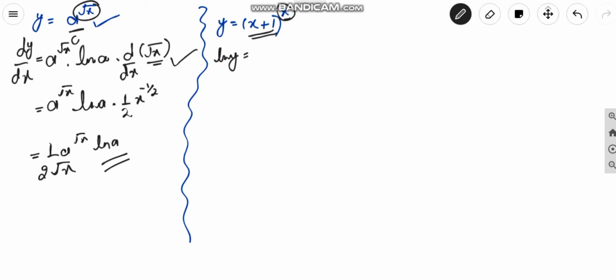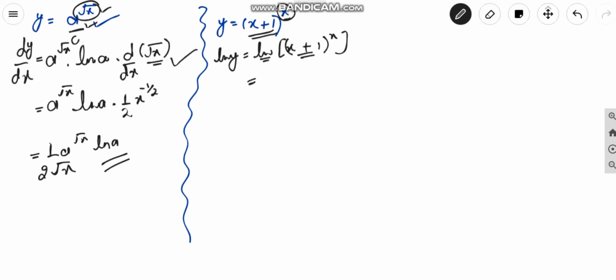Because we have not read any rule about variable power with variable function. We have read about constant function with variable power. So first take natural log.